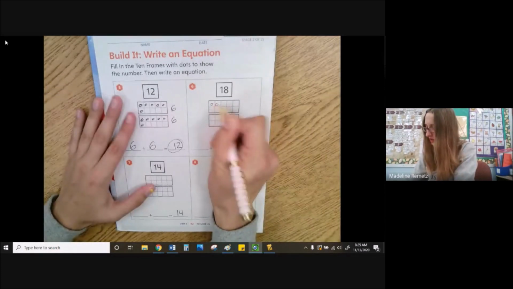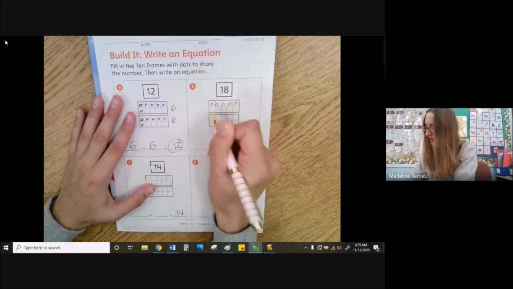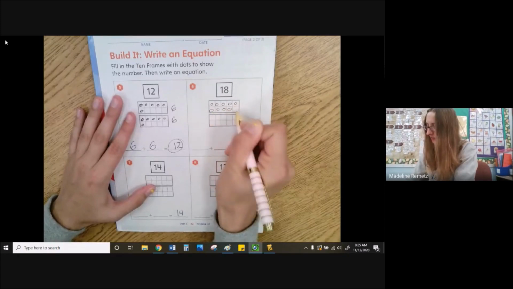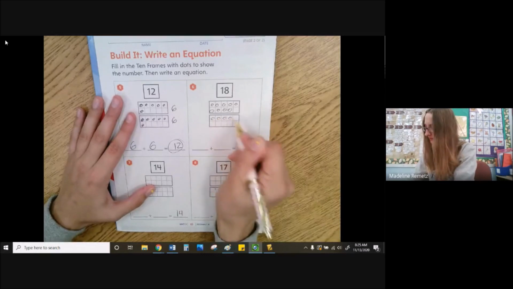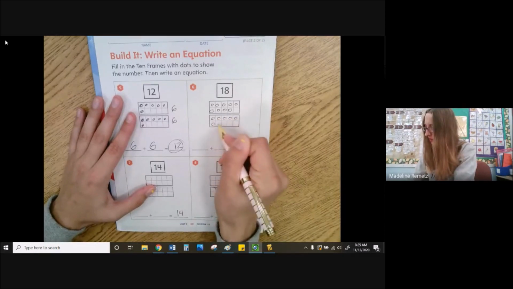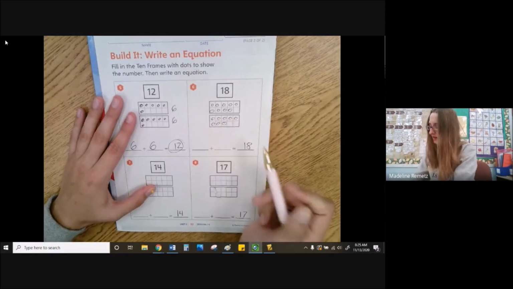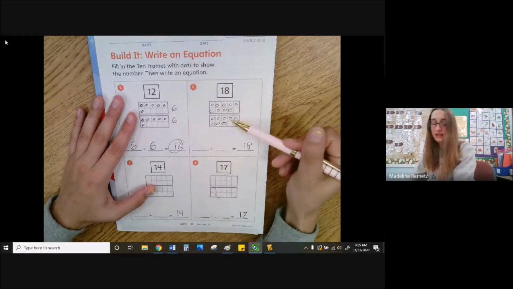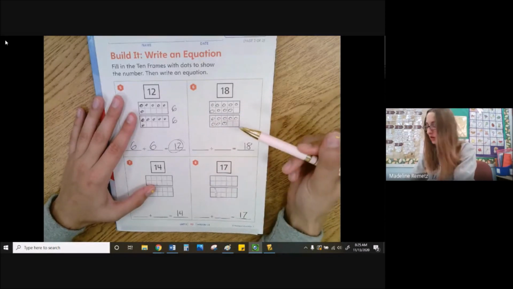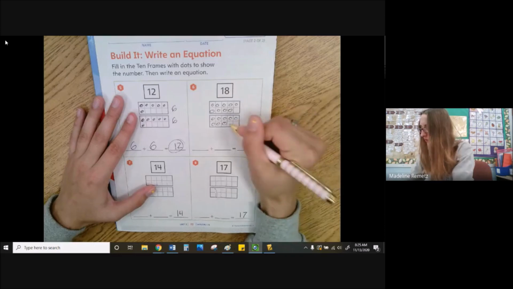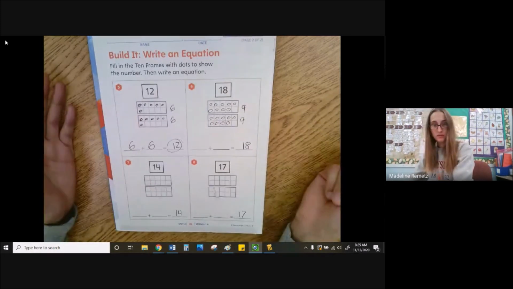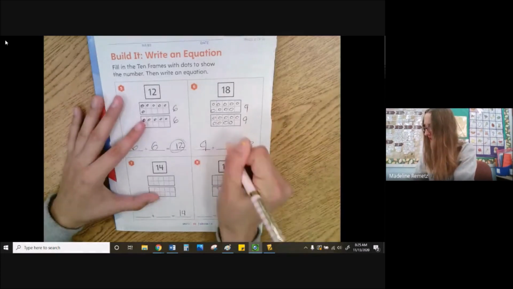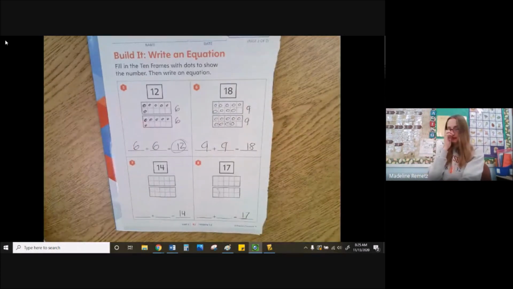So I started writing my full 10 frame, and I was going to keep going all the way to 18. And then I saw 9 plus 8 is 17. So if I just added one more to my 8, I had 9 and 9. So that's the doubles fact there. 9 plus 9 equals 18.